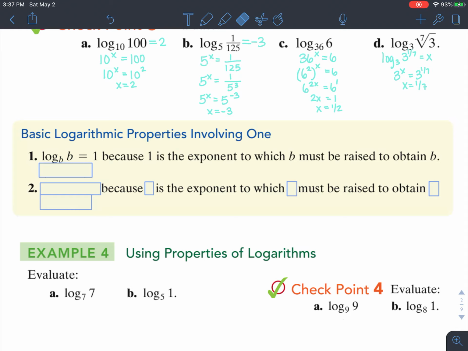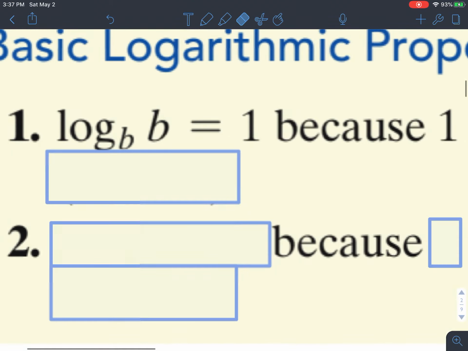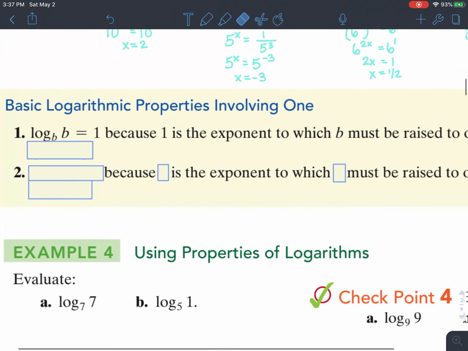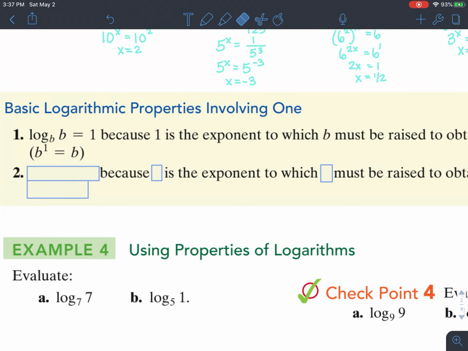So if I had log base 10 of 10, that would equal 1, even if it's not a number I'm familiar with. That's because b to the 1 equals b. So this, b to the first power equals b.